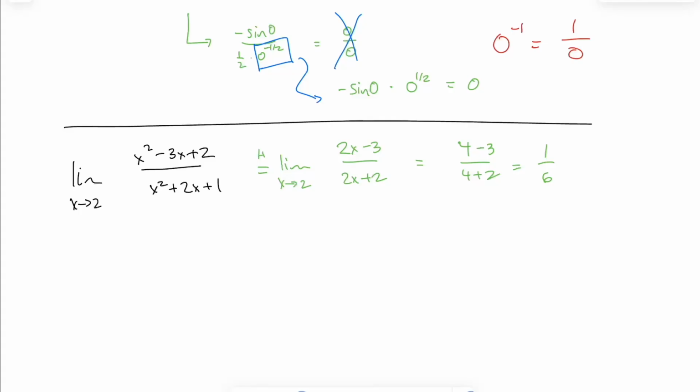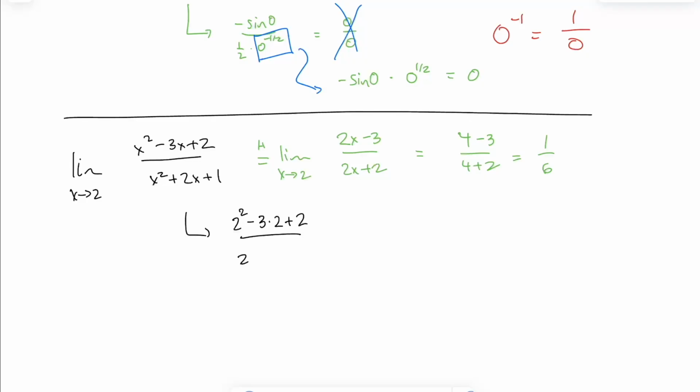But actually, you shouldn't just go for it, because if you tried to plug it in, this is how you should begin such a problem. 2 squared minus 3 times 2 plus 2 over 2 squared plus 2 times 2 plus 1. That up top is 4 minus 6 plus 2 divided by 4 plus 1. That's 0 over 9, right?